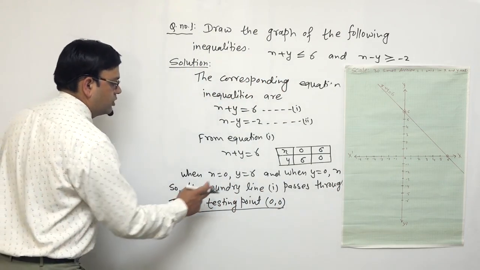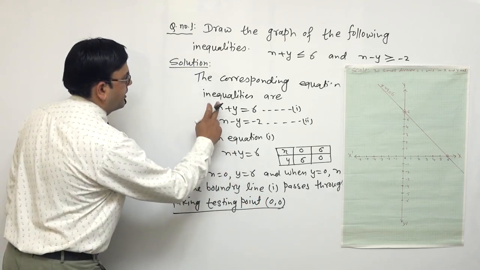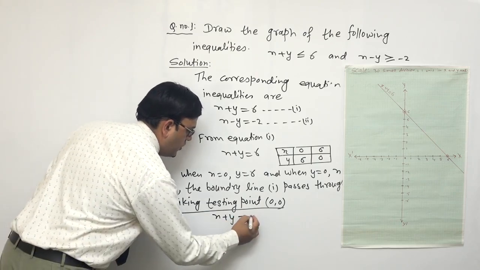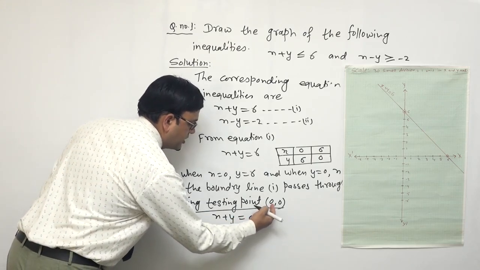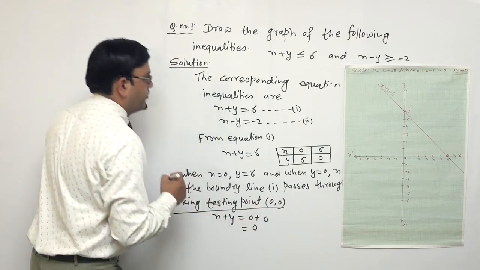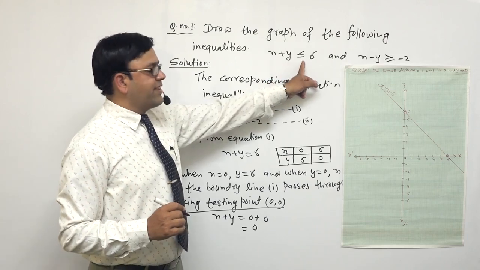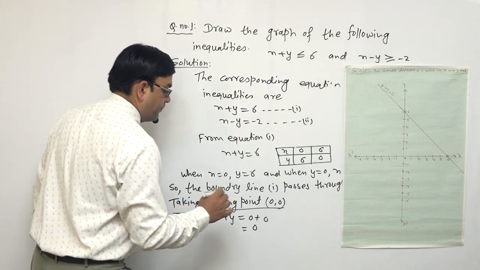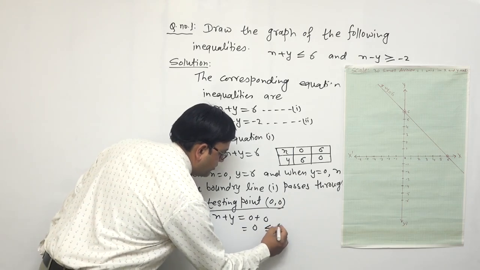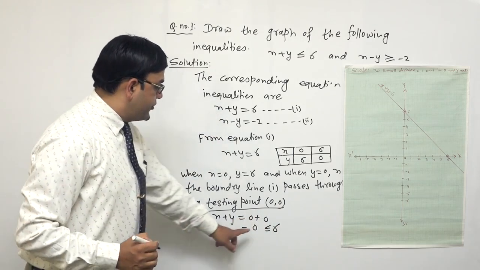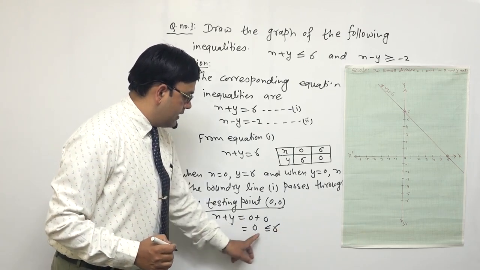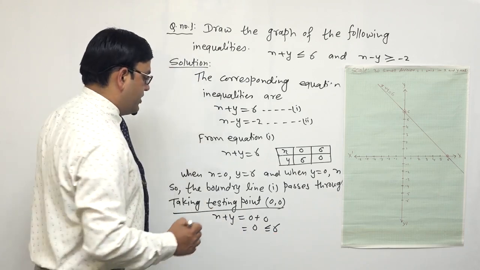So when x is equal to 0, then we have the equation x plus y, x means 0 plus y means also 0, because putting the value of x 0 and y also 0. So 0 plus 0 is also 0. But we have in the question x plus y is less or equals to 6. So 0 is smaller than 6, which is true.